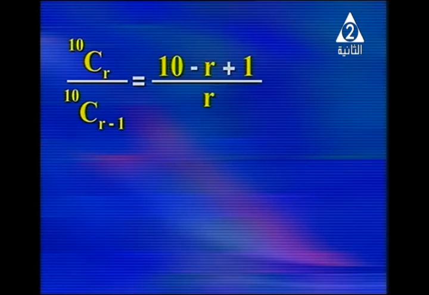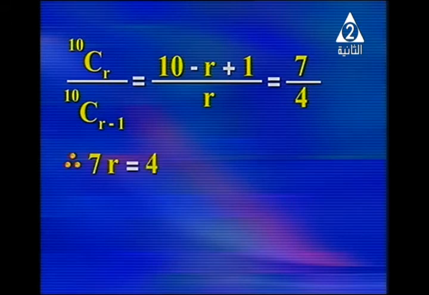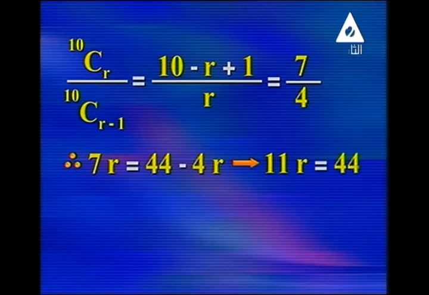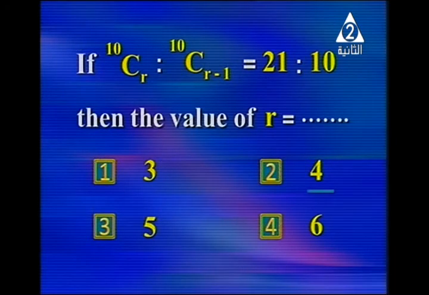Remember, dear student, 10Cr over 10C(r-1) equals, what is the rule? (10 - r + 1)/r. Then (10 - r + 1)/r equals 7/4 in simplest form. By using cross multiplication, find the value of r equals 4. Then the correct answer is r equals 4.